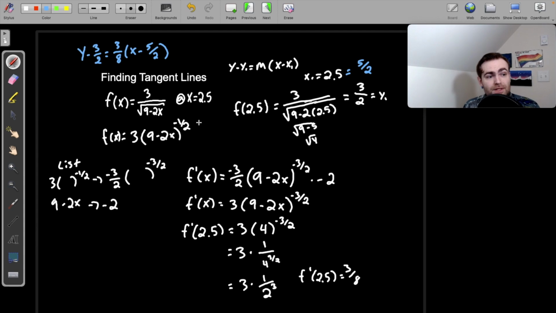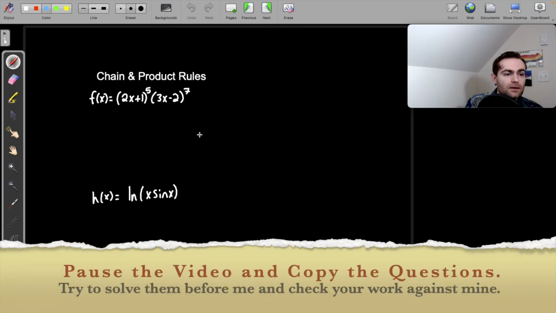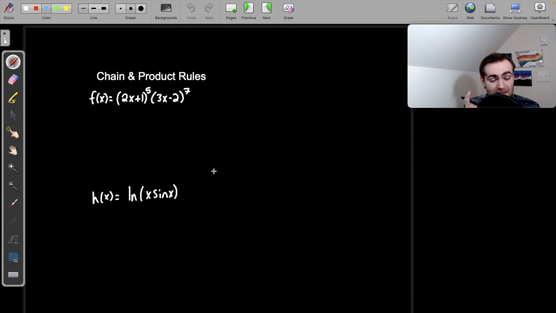So it's always important to remember why we're doing this, and a very easy question that will come up often, especially if your teacher is good about reminding you, is that derivatives and tangent lines go hand in hand. Things my students currently struggle with is when we have the chain rule and product rule together.